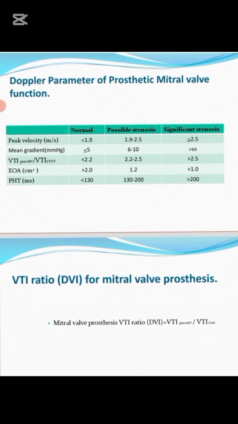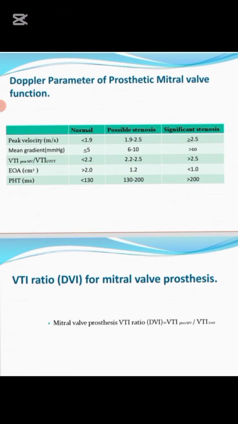The number one is the peak velocity. Normal is less than 1.9 meters per second. Possible stenosis is 1.9 to 2.5, and significant stenosis is greater than or equal to 2.5. As well, a mean gradient less than 5 is normal and greater than 10 is significant stenosis.